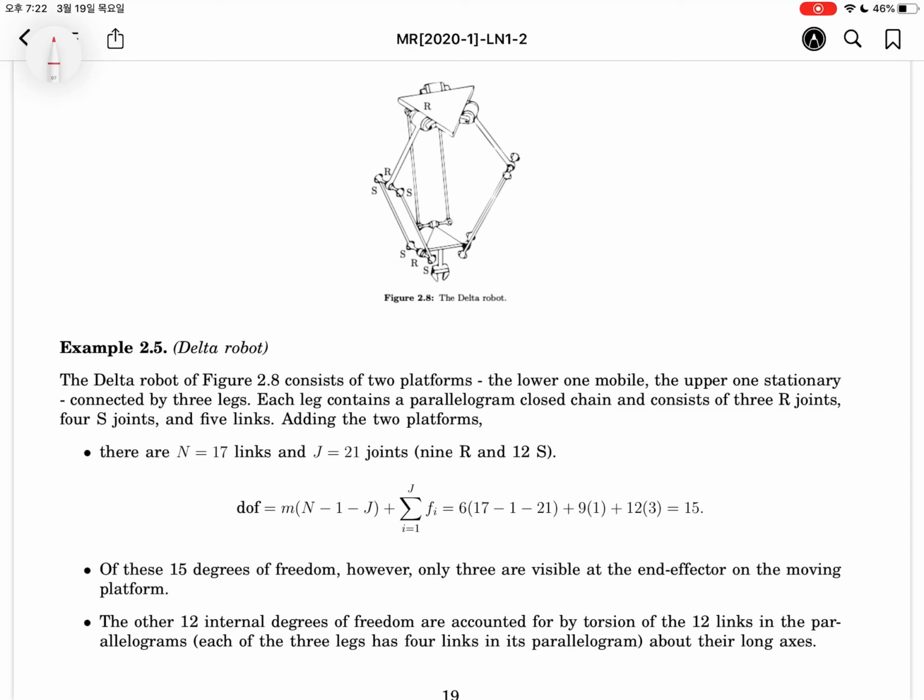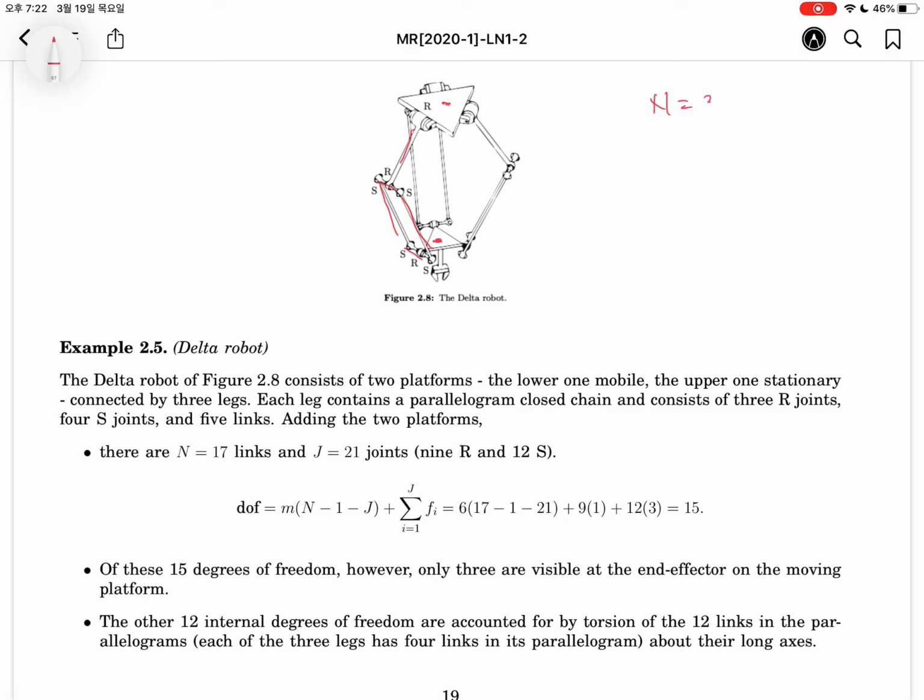Okay, let's count the degrees of freedom of the delta robot. The delta robot is very famous. This is the fixed base. This is the movable base. Let's consider one leg. Let's count the links: 1, 2, 3, 4, 5.